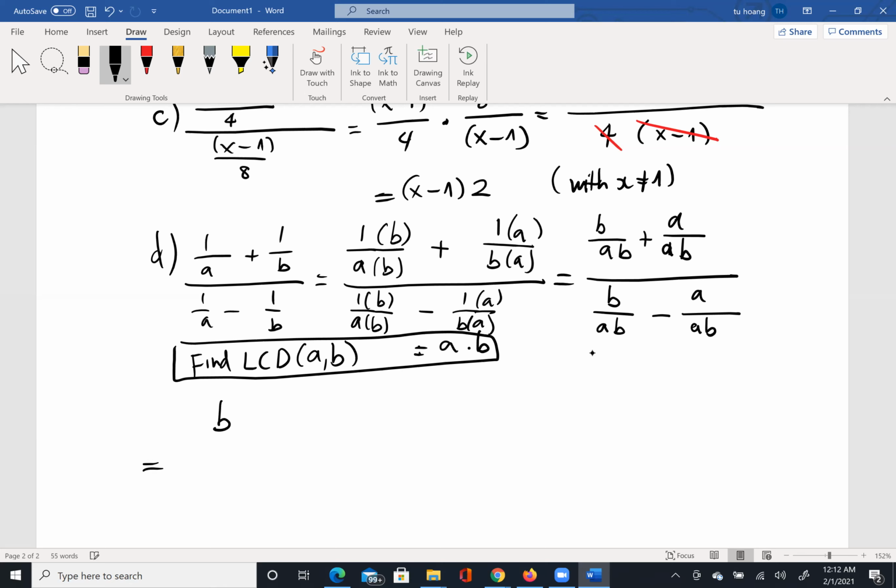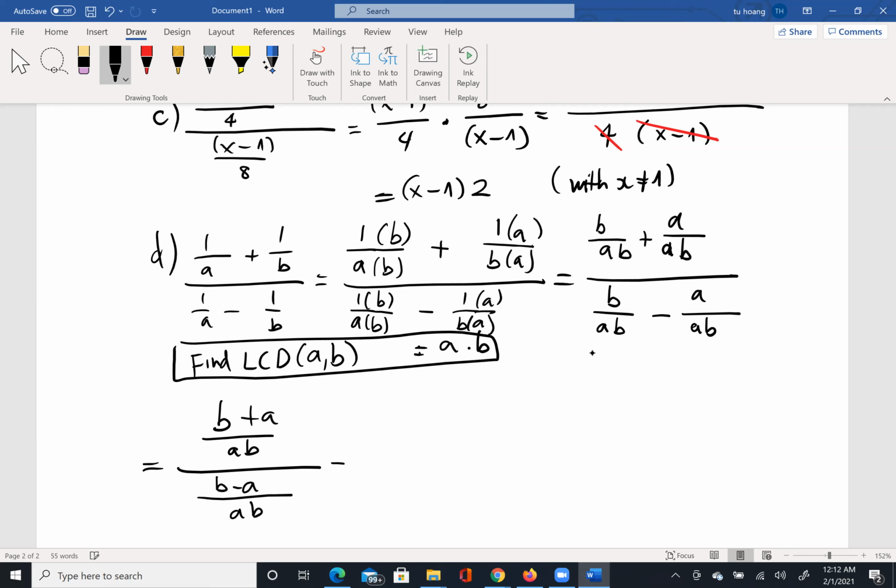The top is going to be b plus a divided by a times b, everything divided by b minus a divided by a b. Okay, and that means we have done step number one.